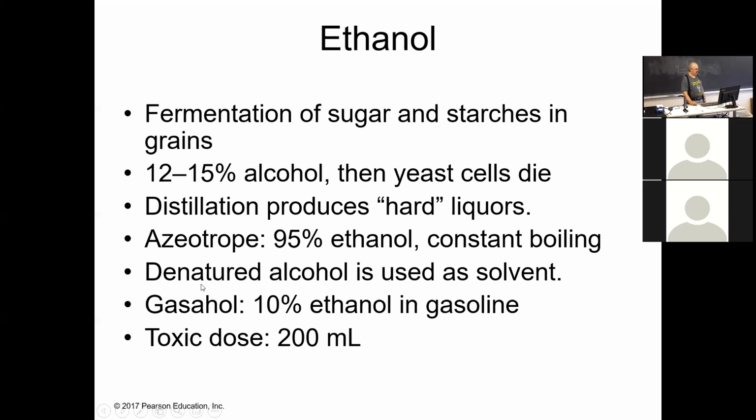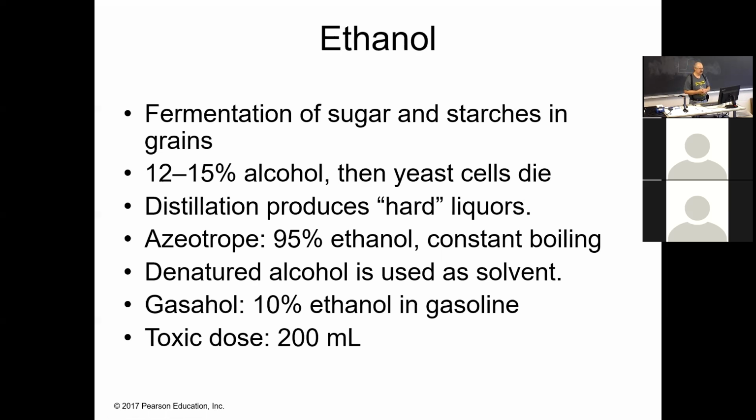Denatured alcohol is ethyl alcohol that has been deliberately made poisonous, and it's used as a fuel or a solvent. The reason for that is that, because of the use of ethanol in alcoholic beverages, they are very highly taxed.